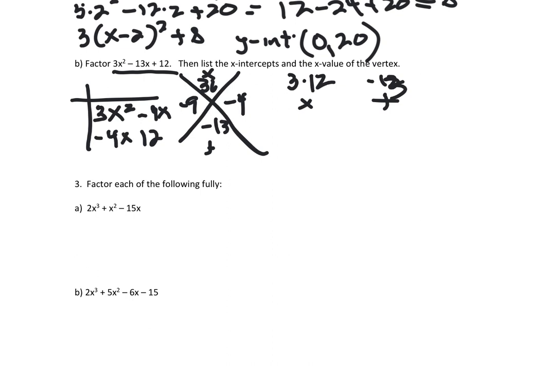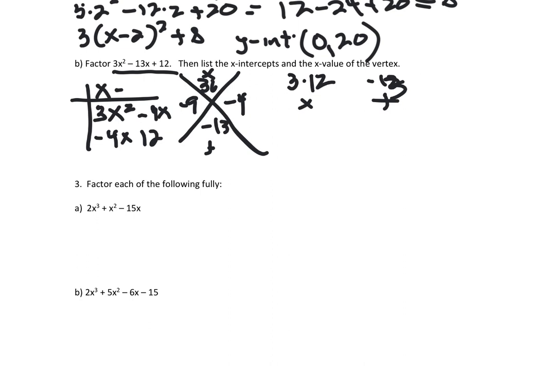We then fill out the four values on the column edge and the row edge here at the top and on the left by finding the greatest common factor of each row and each column, but taking the sign of the value closest. So looking at the column, we have 3x squared and negative 4x, so the greatest common factor there is x. The greatest common factor of negative 9x and 12 is 3.